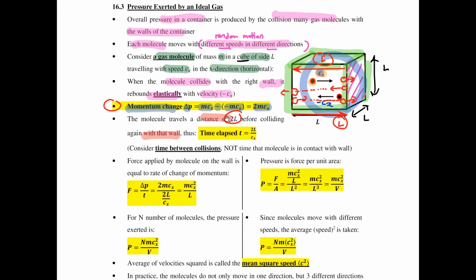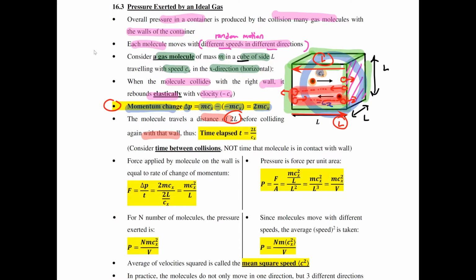So here, if you want to find the time between collision, I actually already mentioned to you, it is the time taken for the object to hit back the same wall after rebounding. So it's actually this red colored line here. So to find the time between collision, you need to also know the distance traveled.